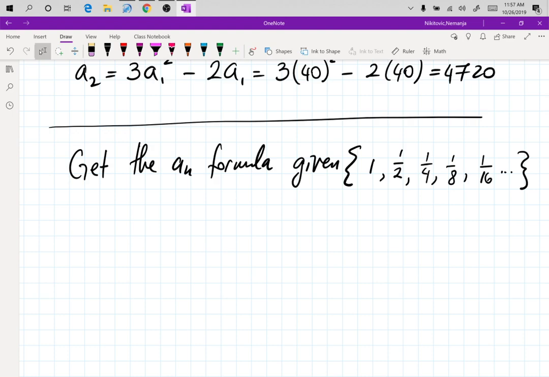So what do we have? 1/2n, I think. AN plus 1 equals AN over 2. Hold on. So the first suggestion was 1 over 2n, and you said AN plus 1 equals AN over 2.